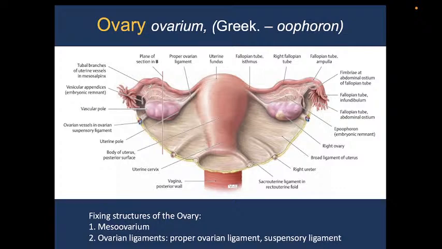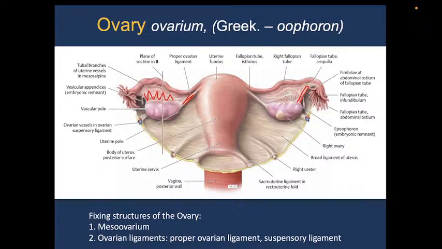The first one is the mesovarium, that is here, mesovarium. Then this ligament we call the proper ovarian ligament, and also the margin of the mesovarium is called the suspensory ovarian ligament.